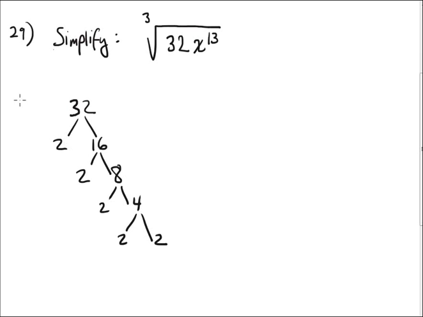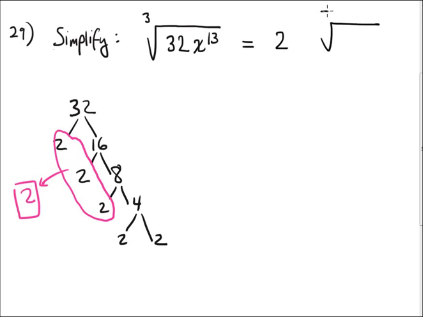And we select, remember, 3 by 3. So this triplet of 2s represents 1 outside, and the number outside is 2, and the number that stays inside is 2 times 2, which is 4.